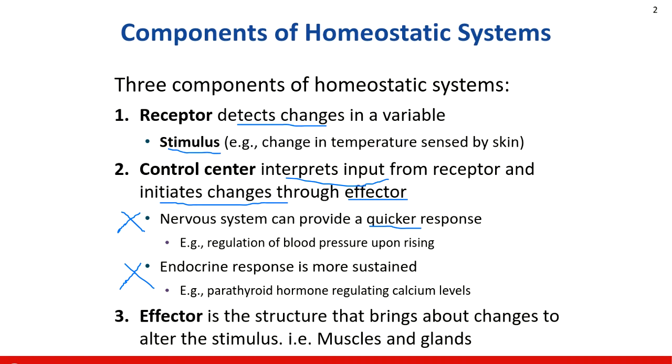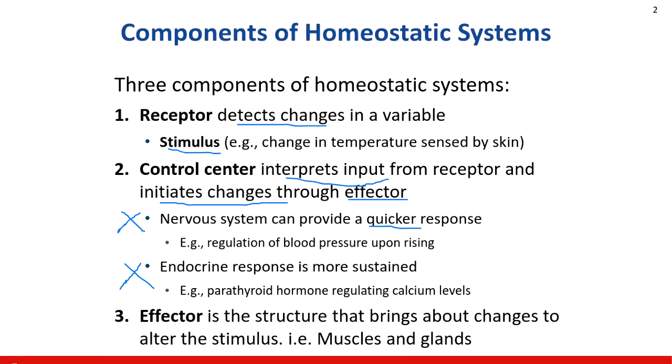The example we use here is parathyroid hormone and how it affects calcium levels. When calcium levels in our blood become low, your body senses that and says, I'm going to secrete parathyroid hormone. That hormone has to go to its effector organs, for example the kidneys, and it will prevent the kidneys from excreting calcium in the urine. So it'll save it.